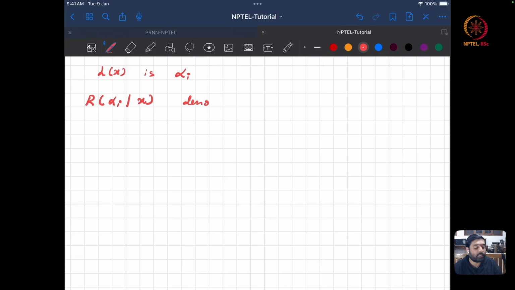This denotes the expected loss when the classifier says the given example X can be put into alpha i's bucket.